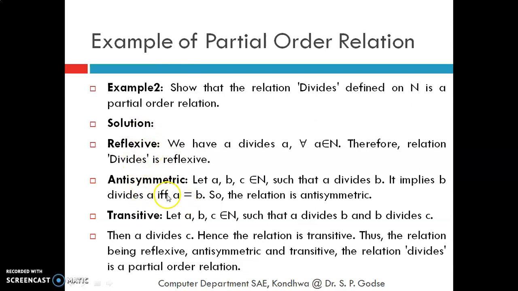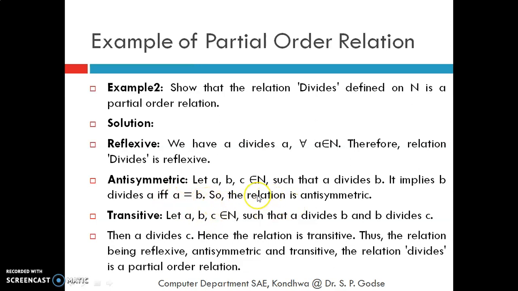Second property is antisymmetric. Let A, B belong to the set of natural numbers such that A divides B and B divides A, it implies A is equal to B. So the relation is antisymmetric. So these pairs exist. That's why if A divides B and B divides A, it means A is equal to B. This property is satisfied.